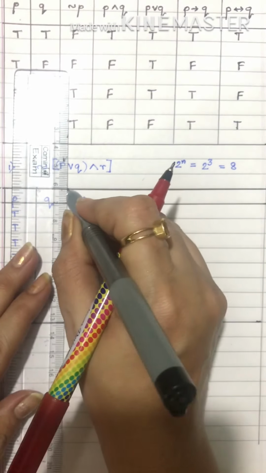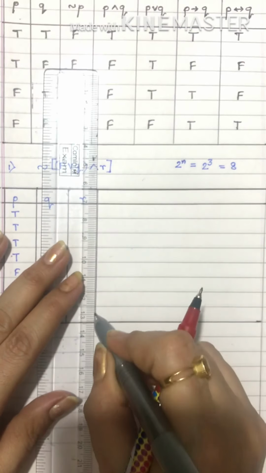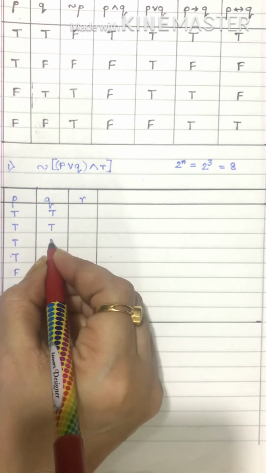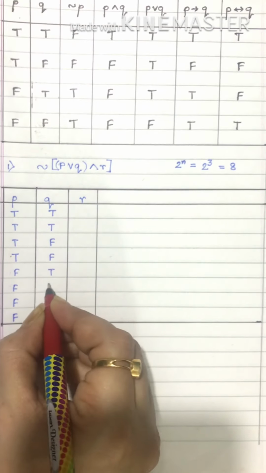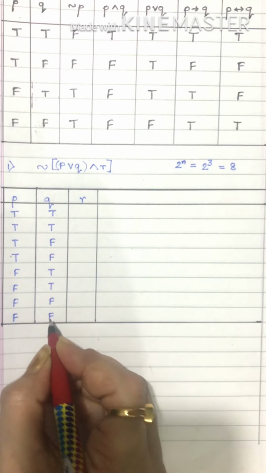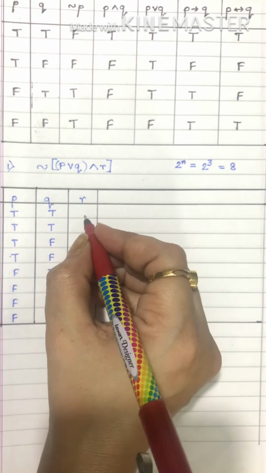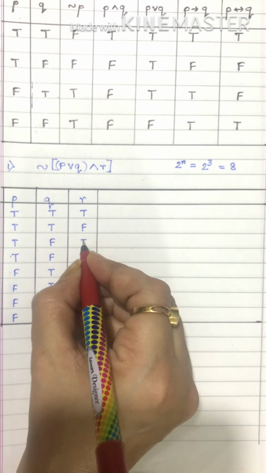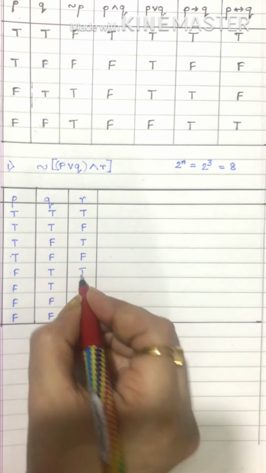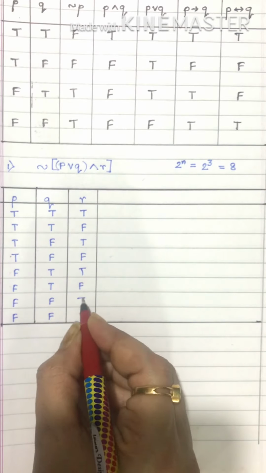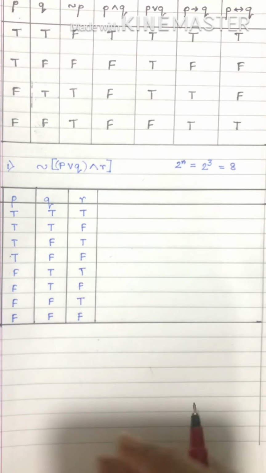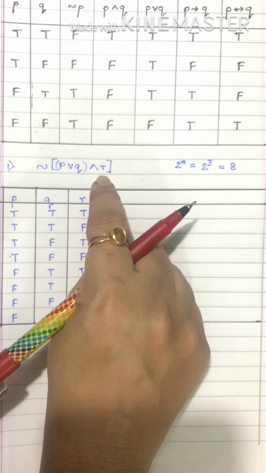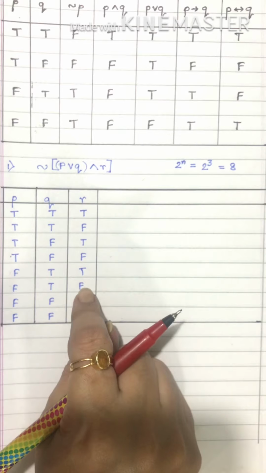And then for the second statement, we will write 2 times T and then 2 times F. And then for the third column, R, we will write once T, once F. So T, F, T, F, T, F, T, F. Now, this is something we have got from the question, because 3 statements were there. So I got 3 columns here for the 3 statements.